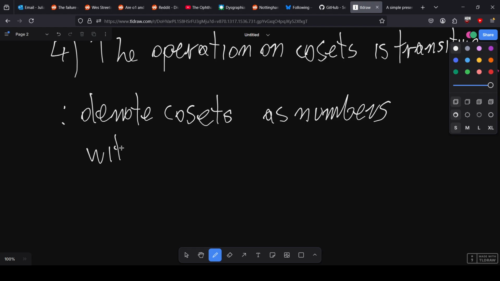And in particular, we'll have H1, meaning 1 and G, being denoted as just 1.